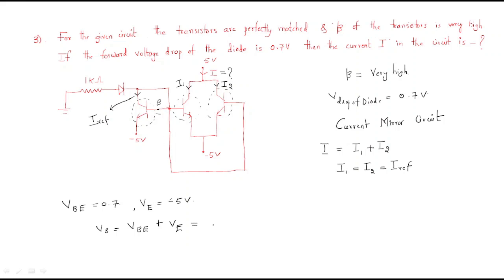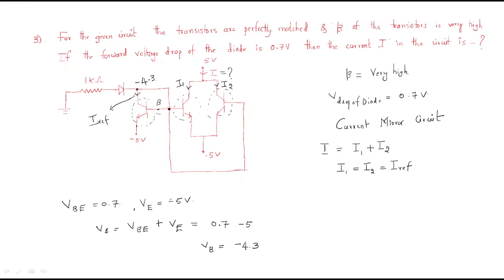VBE is the general diode drop 0.7, plus VE which is minus 5. So the VB value is minus 4.3. So this voltage is minus 4.3 and this voltage is also minus 4.3 volts. Both voltages are minus 4.3 volts.